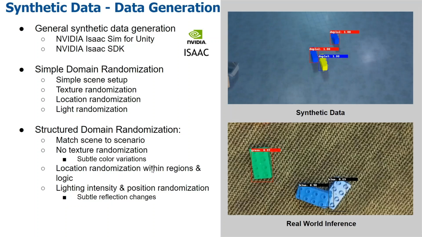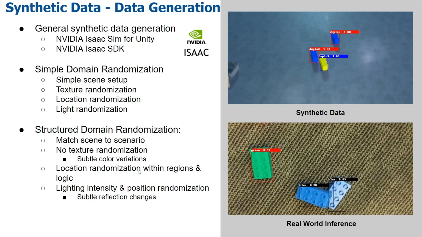This means that we removed the texture randomization and opted for more subtle color variants, which could help account for differences in device camera qualities and minute lighting changes. We kept the location randomization, but we restricted it to regions and improved the object collision detection, so objects would not clip into each other unnaturally.